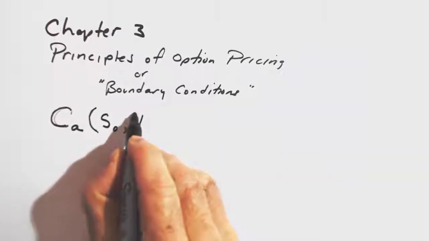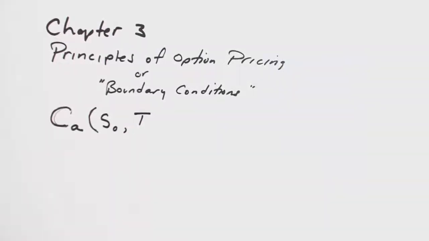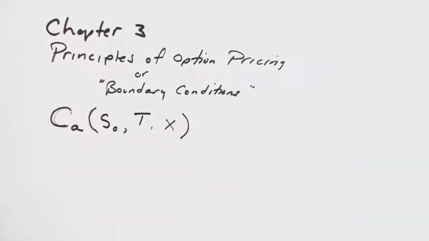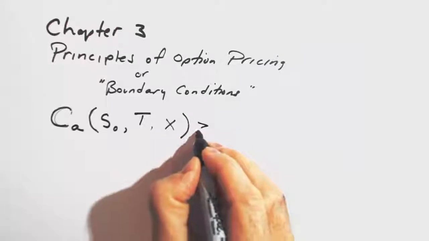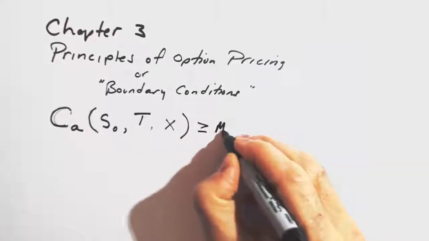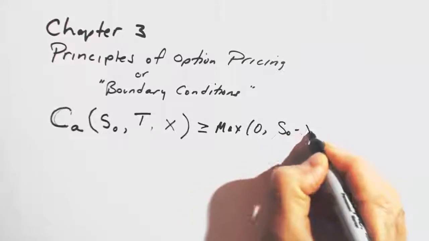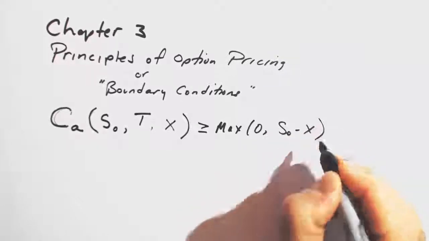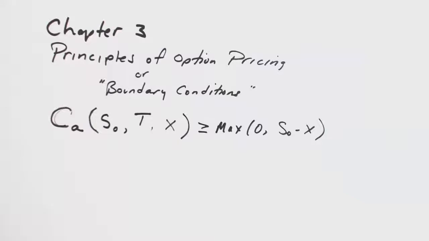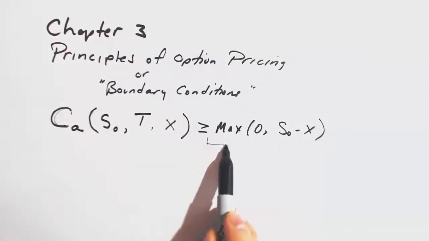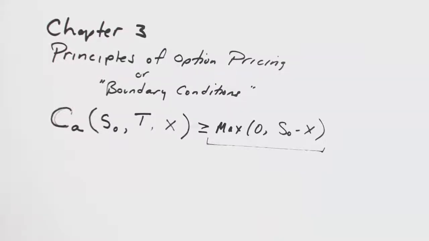It has a certain expiration date, T, which is in fractions of years. And X is the strike. The minimum value of this option is the maximum of 0 or S0 minus X. This term right here is called the intrinsic value of the option.